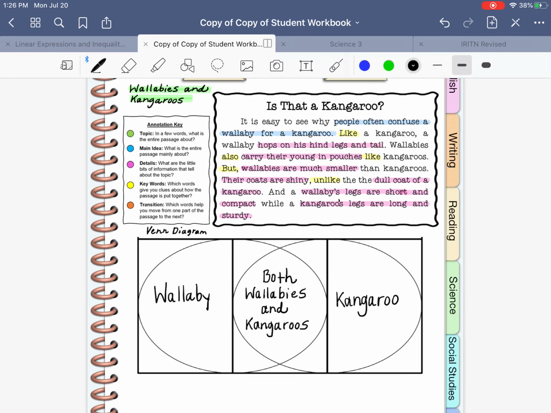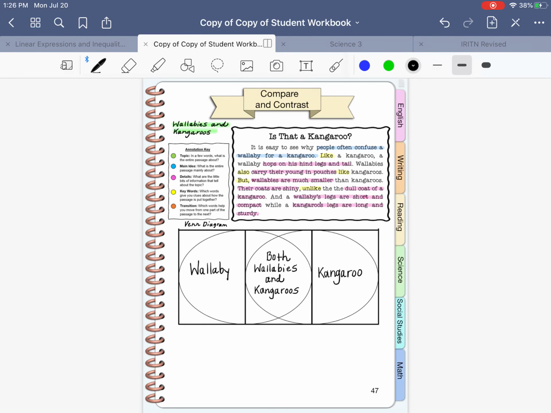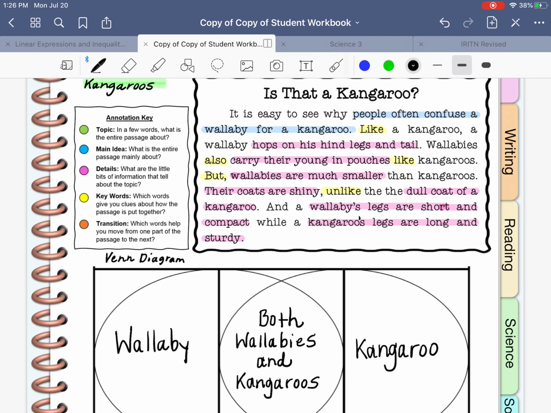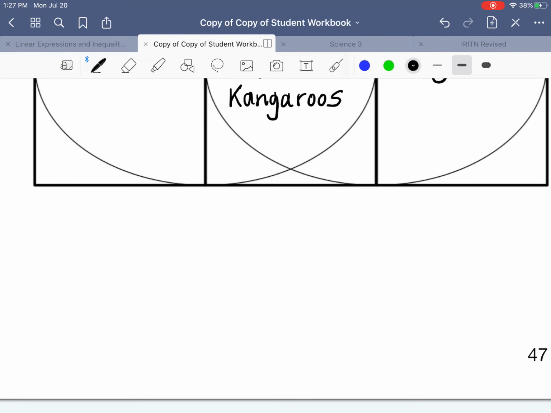These are the ways that the animals are alike. And I can't lift my doors up, so I'm just going to write underneath it. But you want to lift up that middle door, and this is what goes under there. The two animals are alike in that they hop on their hind legs and they carry their young in pouches. So under this middle door, both hop on hind legs.